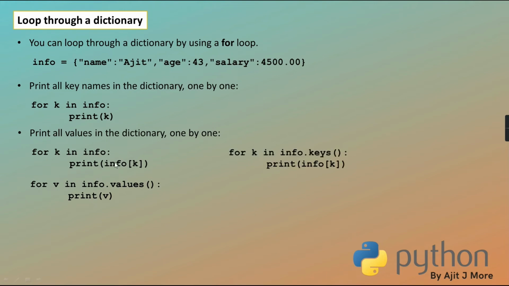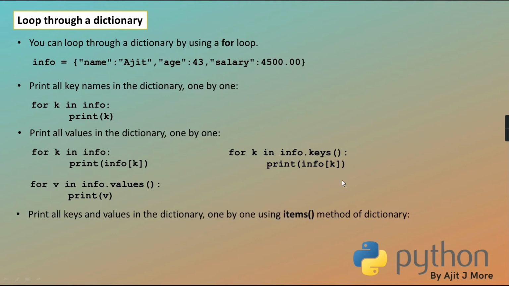Or third way, here you can call info.keys. So it will return you one object of class dict keys, but dict keys is also iterable in which all the keys are present. So one by one you can fetch the keys, and here you can write info of key.